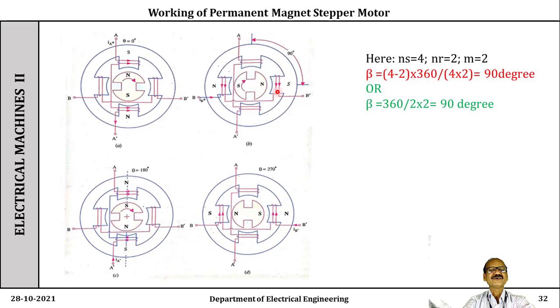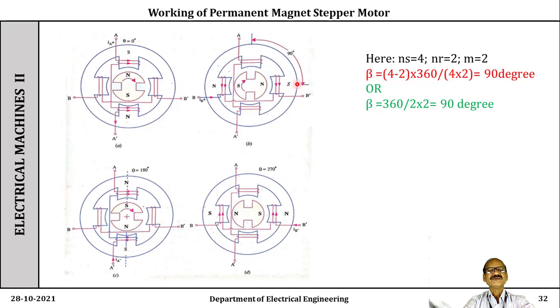As the south pole is generated here, south and south will repel; however, the north pole will attract and it will align. Here will be the stator polar axis and the rotor polar axis; again they coincide. However, the rotor has now rotated through an angle of 90 degree, that is one step.